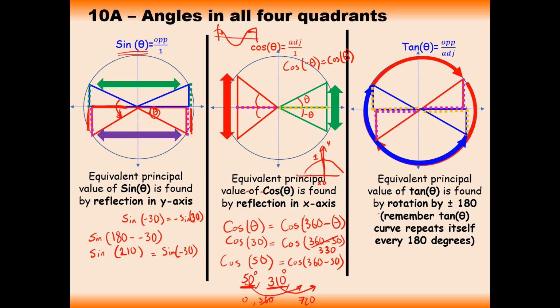With tan, tan of theta is the same as tan of theta plus 180, or tan of theta minus 180. So if you took tan inverse of some ratio, let's say you took tan inverse of 1 and you got 45 degrees, then the other principal value is adding 180 to this, since tan of 225 is the same.